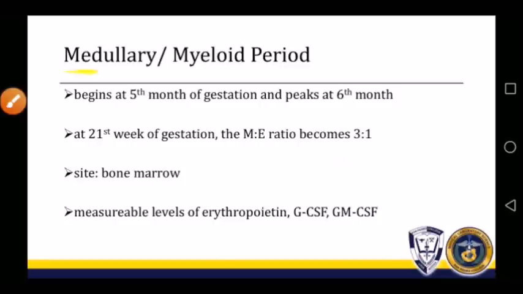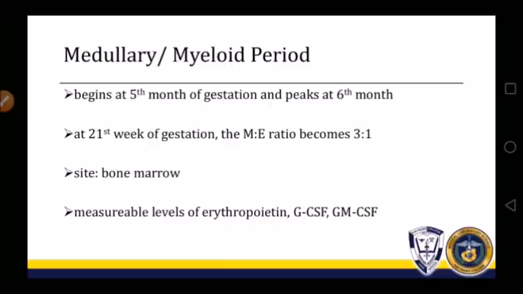The medullary or the myeloid period happens in the bone marrow. And at this time, there is a measurable level of erythropoietin, granulocyte colony stimulating factor, and granulocyte monocyte colony stimulating factor.